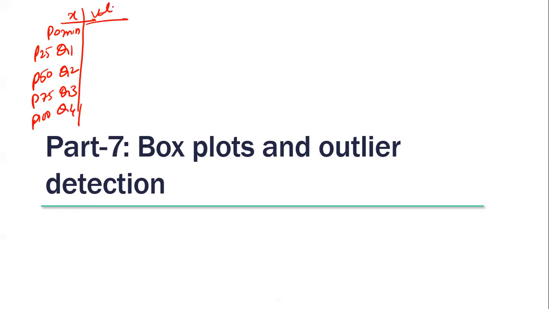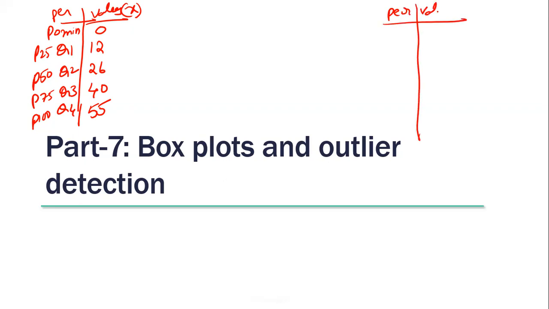The corresponding values of variable X are: minimum value is 0. This is 12. This is like 26. This is like 40. This is 55. These are the values for variable X. Let me give you variable Y. This is a different variable.